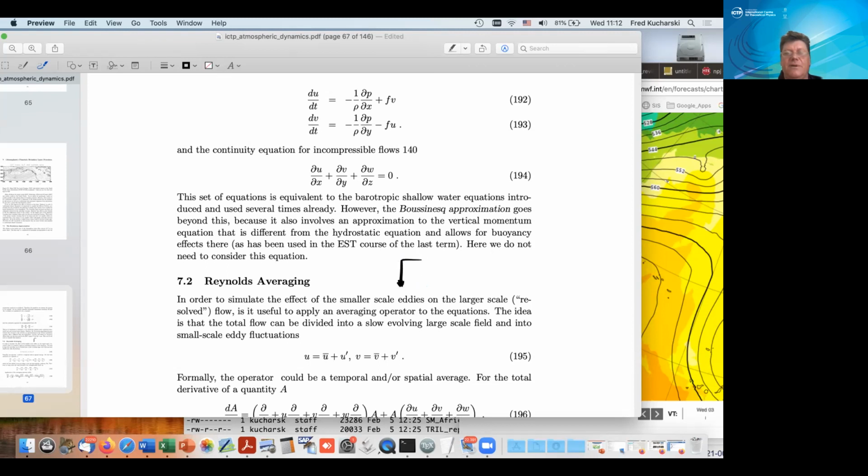So if we have a grid cell, a not very nice grid cell, then the flow that we can resolve, we may say this is U bar. That would be representative as a mean value for this grid cell.